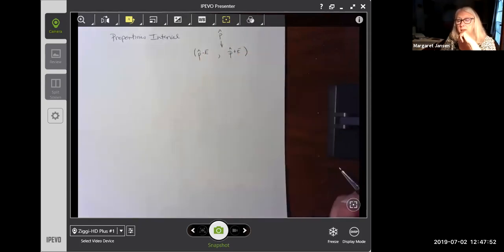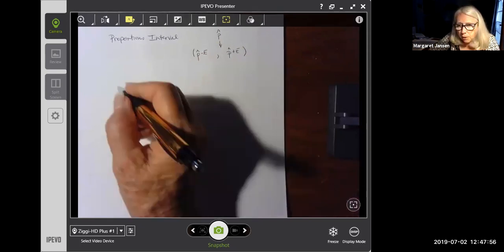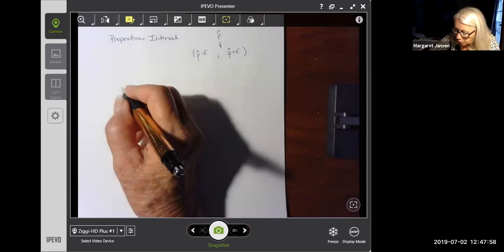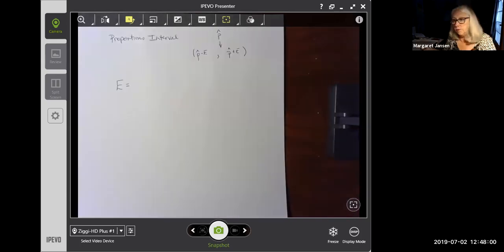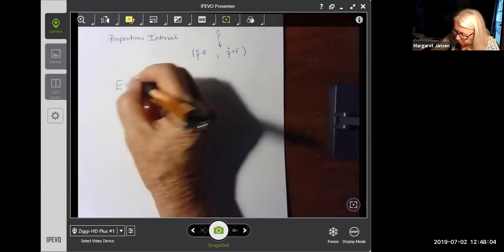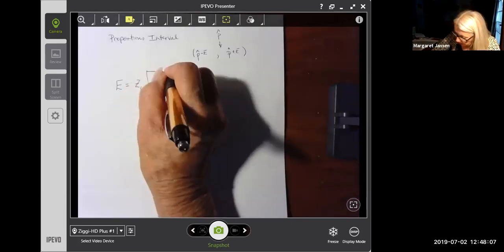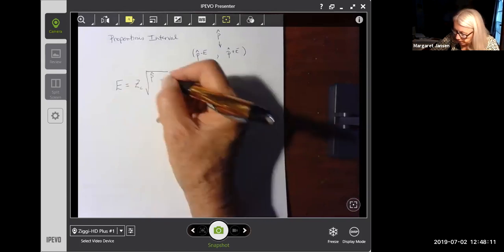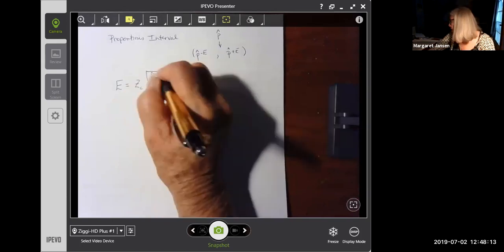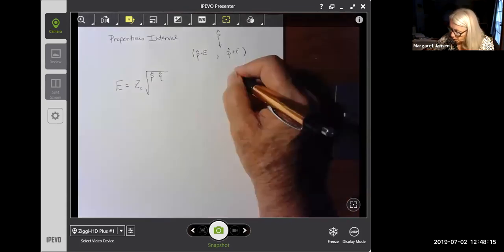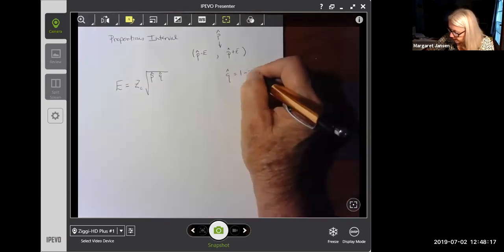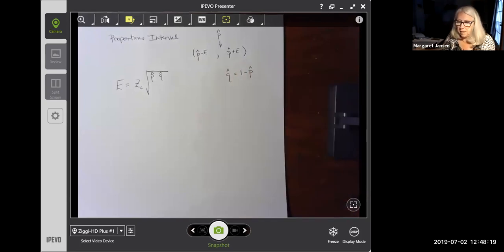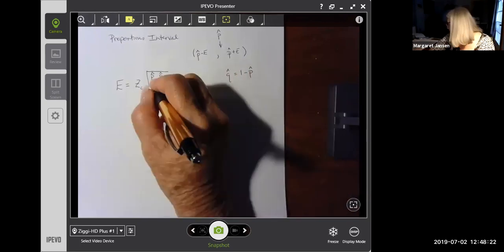Now, just like with the means, you need to be able to compute the margin of error. If you're doing it by hand, the formula is a z critical value times the square root of p hat, the proportion in your sample, times q hat, where q hat is 1 minus p hat, so p hat and q hat always add up to 1, divided by the size of the sample.